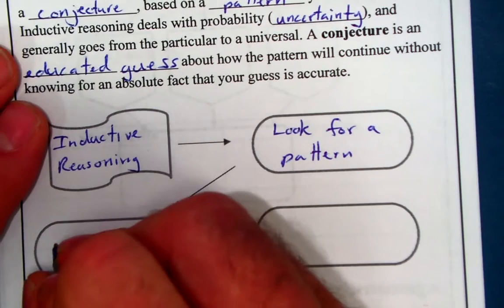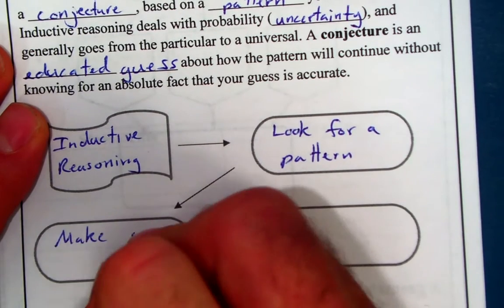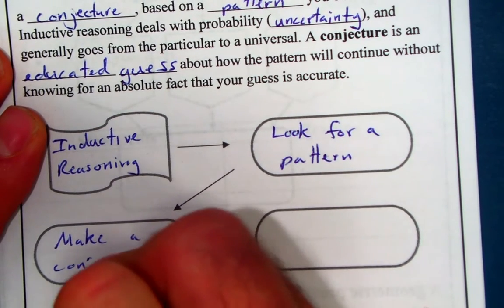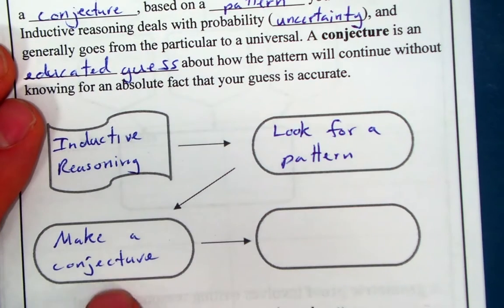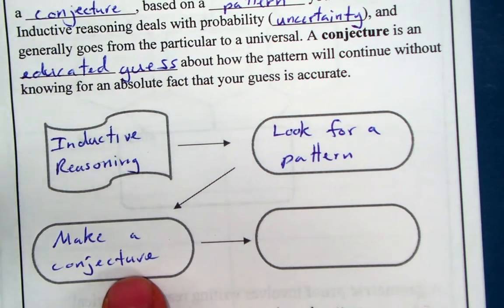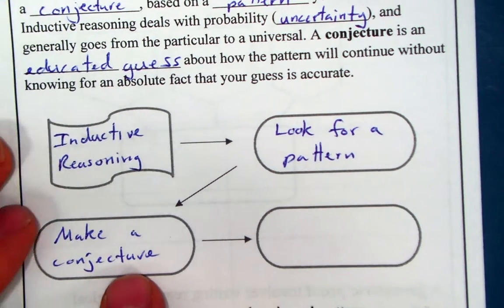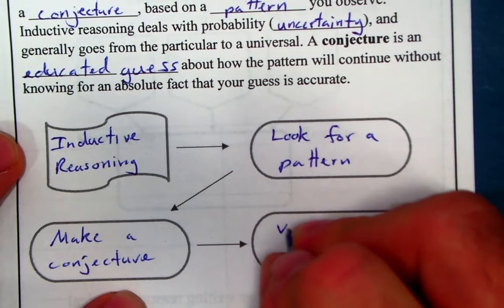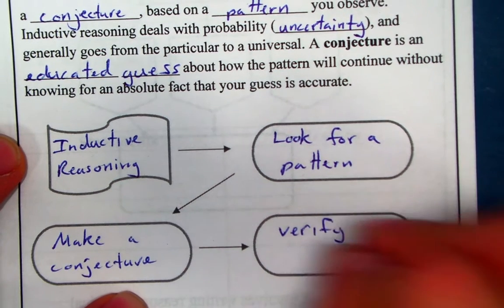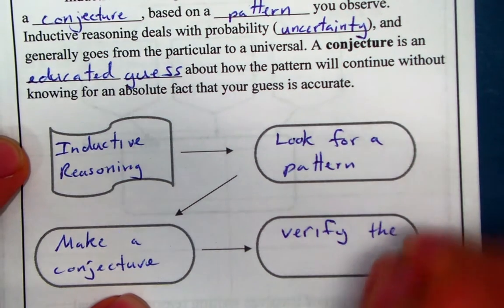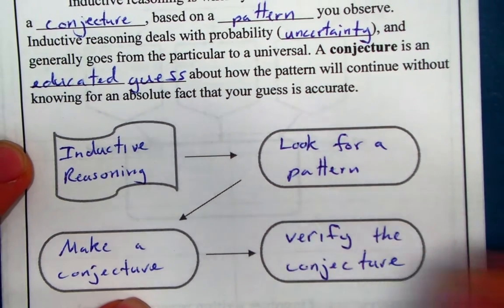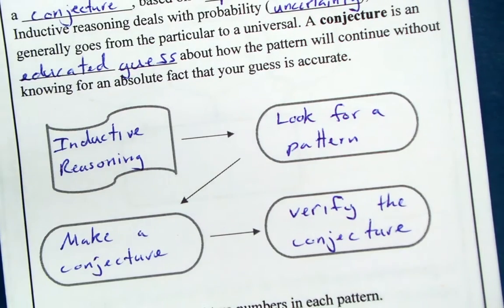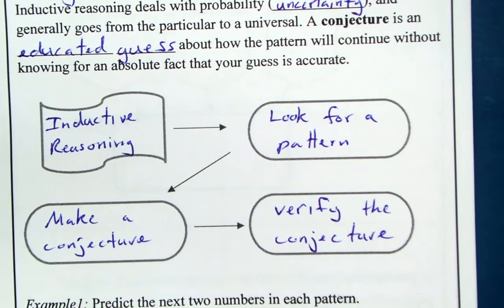That's making a conjecture. And then after you make a conjecture, basically you say this is my answer, I think, then you're going to try to verify that conjecture. So you reach a conclusion and then try to verify your conclusion.